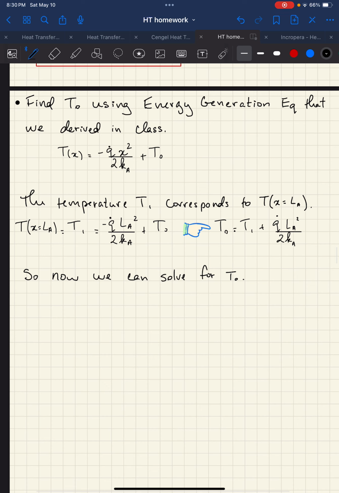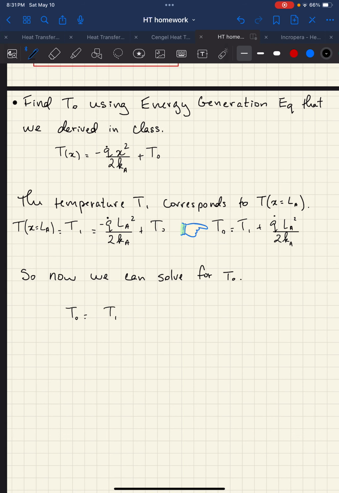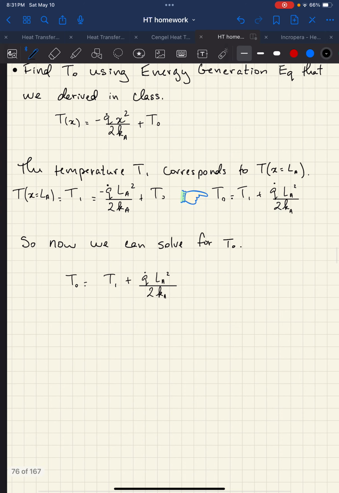So we can solve for T0. Here we go. I'll write it one more time so that we have it. Okay, so let's plug in our numbers.